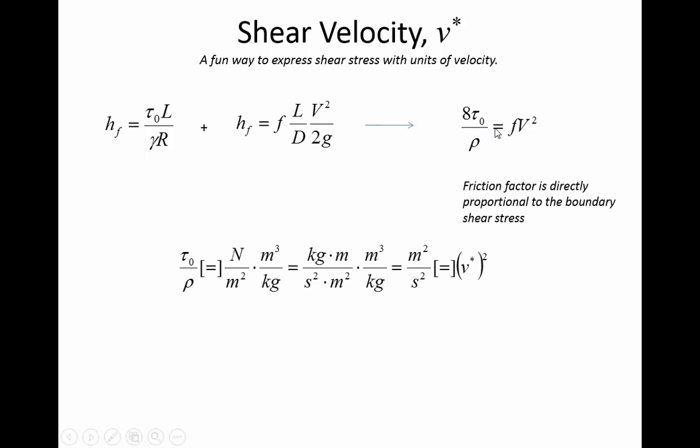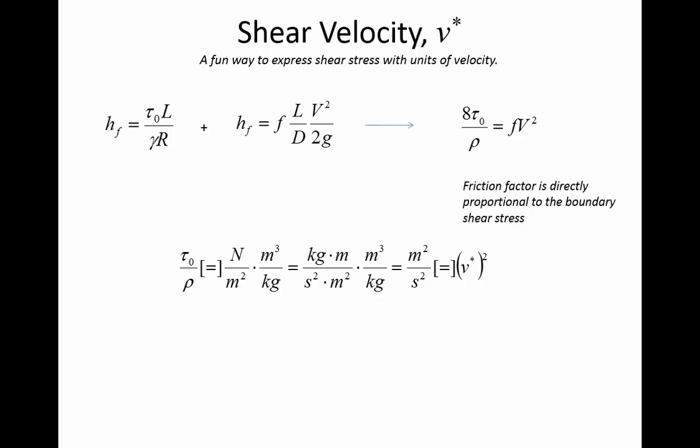Now, if we rearrange it further, if we rearrange the shear stress experienced by the fluid divided by the density of the fluid, we just look at the units for a second there. The shear stress is newtons per square meter, and then if we have density in the denominator, and that's kilograms per meter cubed. And so if we expand out what newtons are, that's a kilogram meter per second squared.